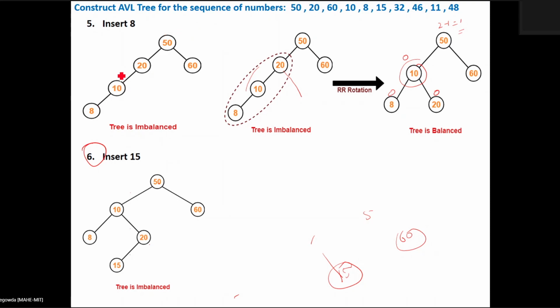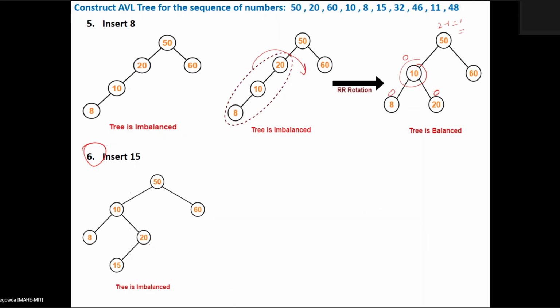You name the kind of rotation by what you are applying. The imbalance was due to adding to the left subtree, but that imbalance is balanced by the opposite rotation, the right rotation. Yes, sir, understood. Can I go ahead? Yes, sir.